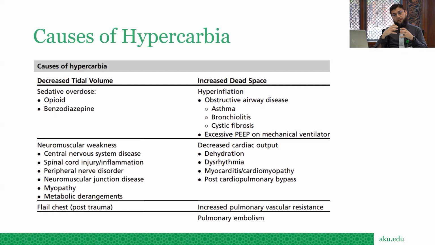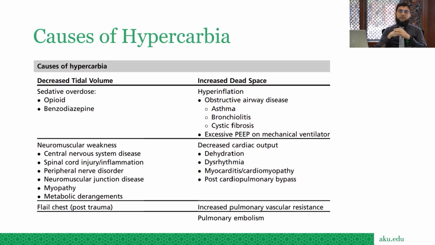Or if you are providing excessive PEEP on mechanical ventilation, that can lead to compression of the vessels of the lung and decreased lung perfusion, where you are providing adequate ventilation but are not able to perfuse the lungs. So in order to perfuse them nicely, you need to decrease the PEEP in those patients.